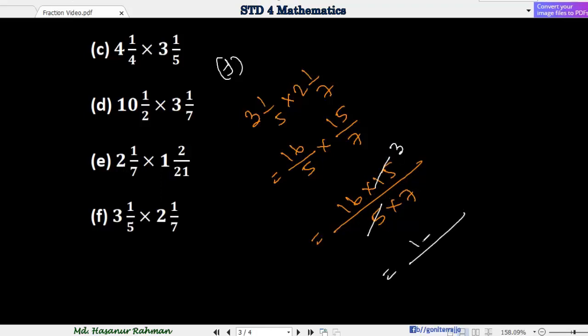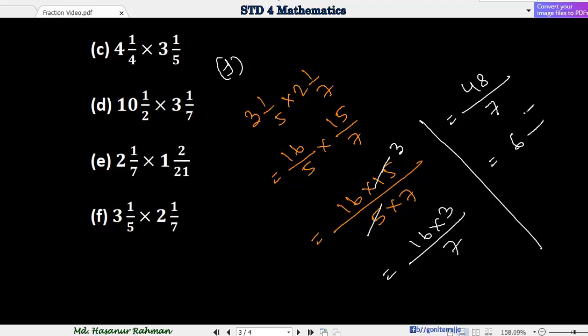So 16 multiplied by 3 by 7. 16 multiplied by 3, that is 48, divided by 7. So if we convert this one into mixed, we can say the answer should be 6 whole 6 by 7. And that is the answer of number F.